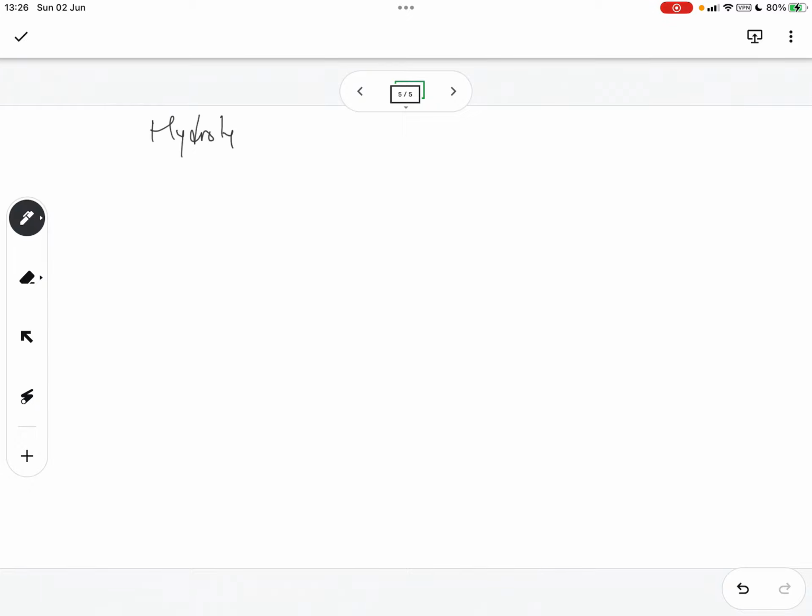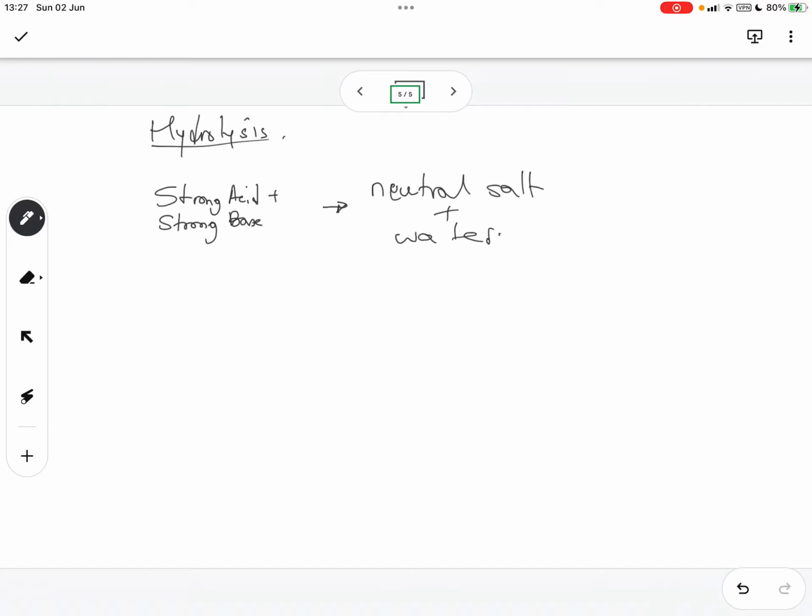Strong acid plus strong base will give us a neutral salt plus water, ne?